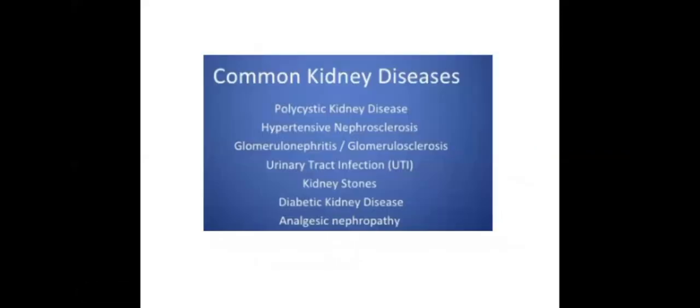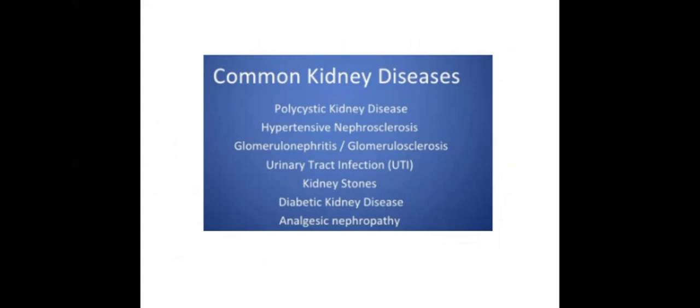What are the different types of kidney diseases? What are the common diseases linked to the kidney? First is polycystic kidney disease, which is a genetic disease, and the second is hypertensive nephrosclerosis. Third is glomerulonephritis. Then next is UTI, or urinary tract infection.